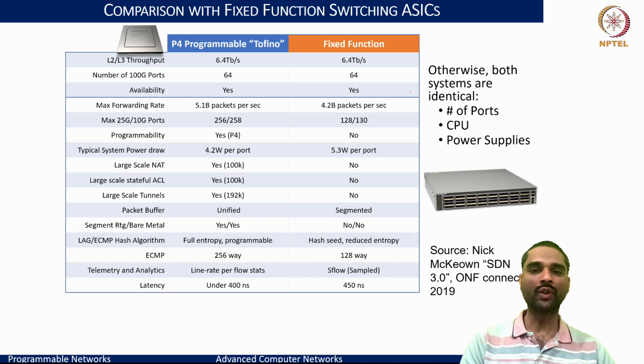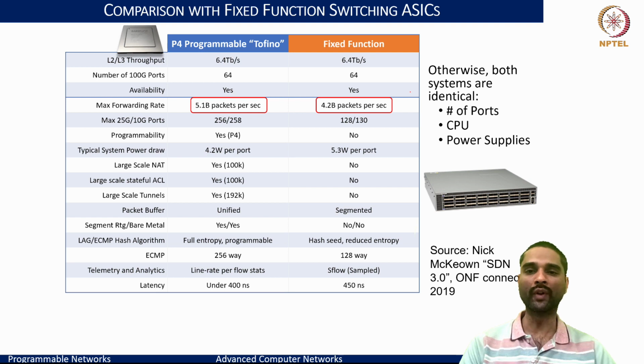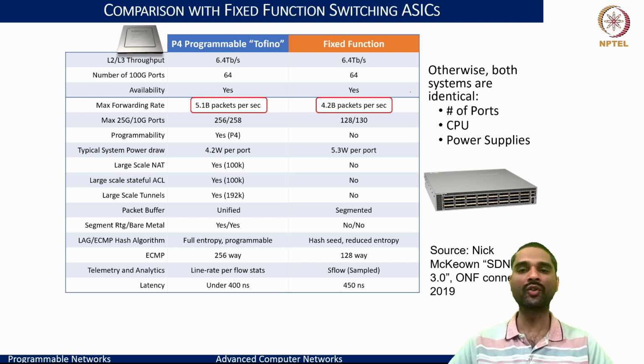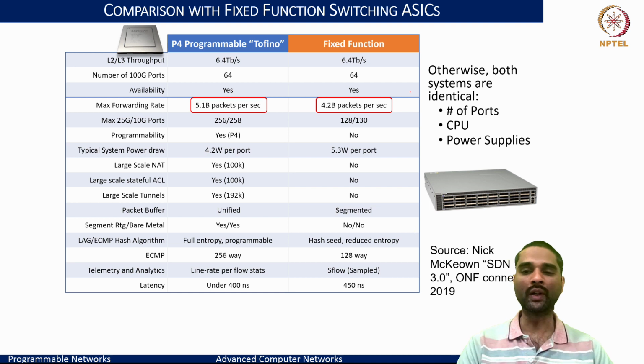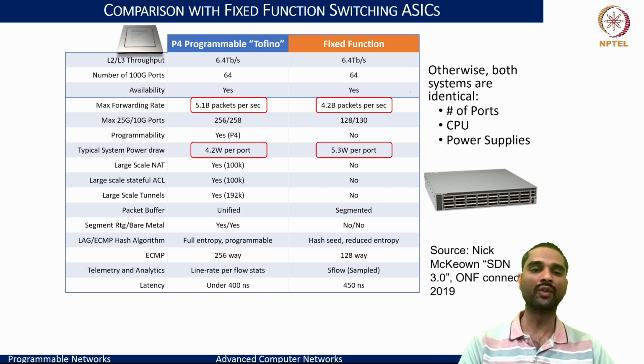Here we can observe that the forwarding rates that we are able to achieve with these P4 programmable Tofino devices are on par, and in fact better, like 5.1 billion packets per second on a programmable switching chip, as opposed to the fixed function switching chip that's providing around 4.2 billion packets per second. So the forwarding rates, you can see, are comparable and in fact better with these programmable chips.